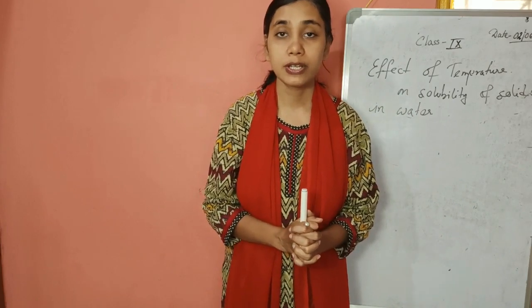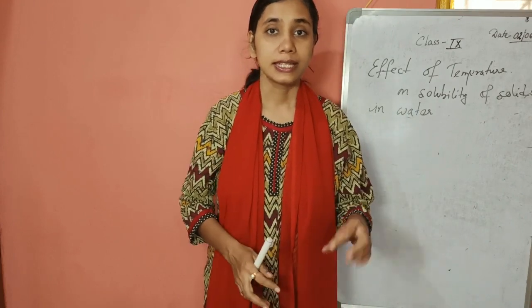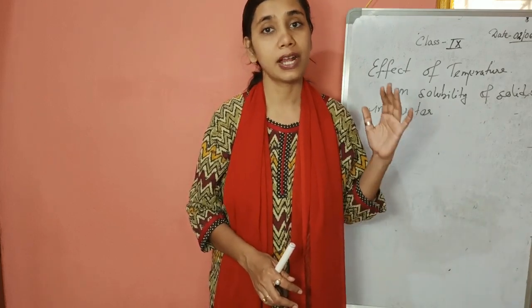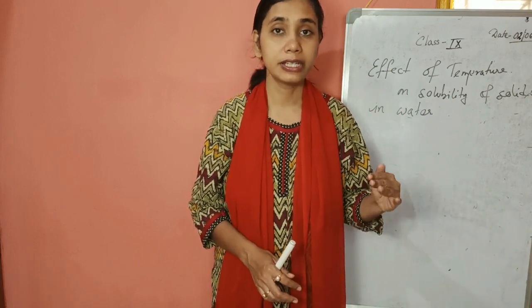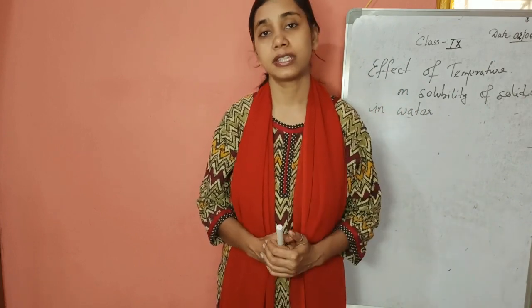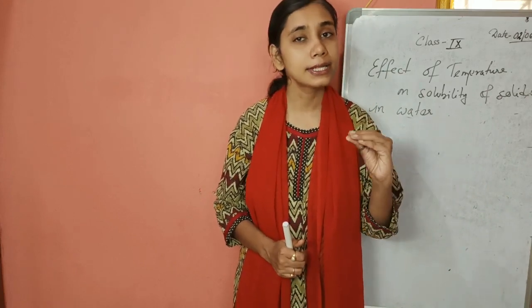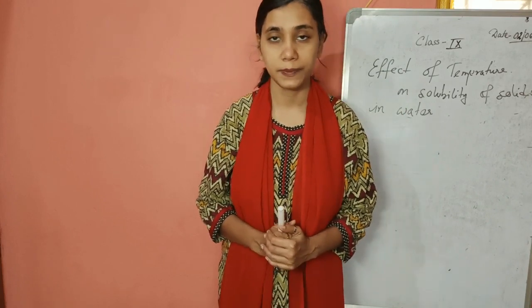Sodium chloride, which is common salt, has a solubility that increases only very slightly with increasing temperature. Unlike potassium nitrate and sodium nitrate, whose solubility rises sharply, sodium chloride shows a very slight increase.